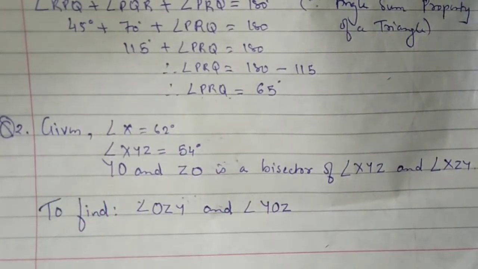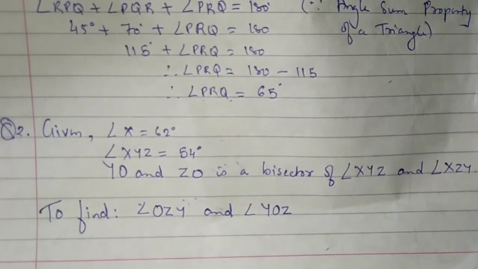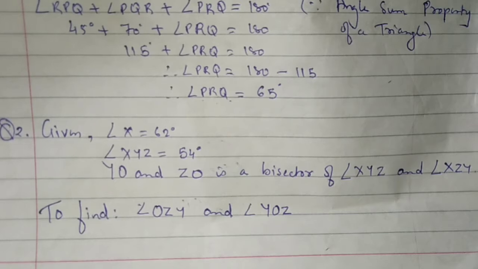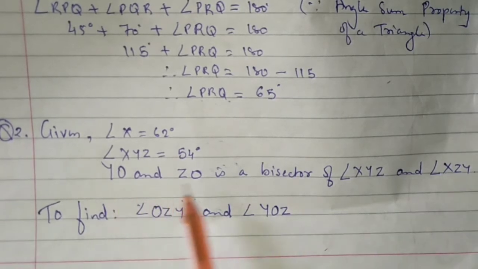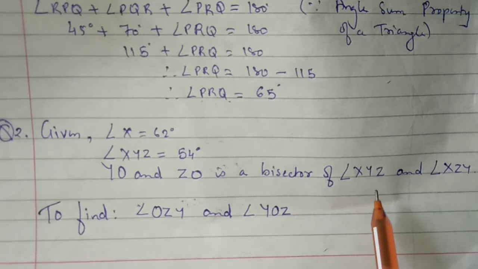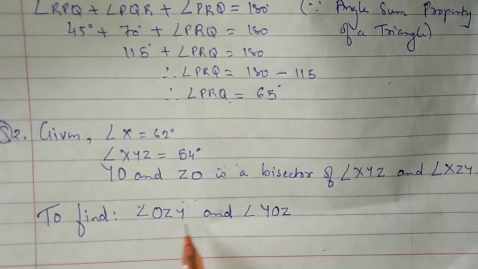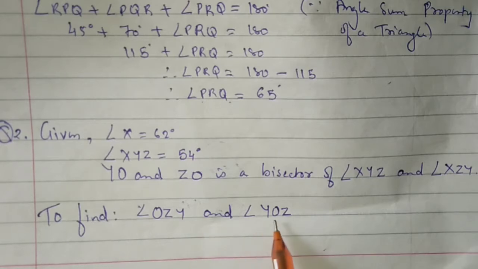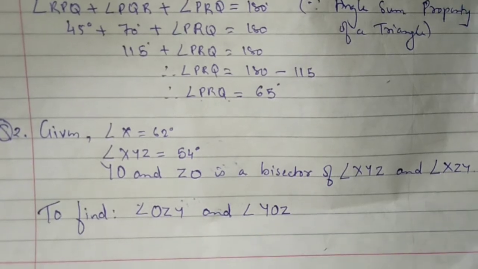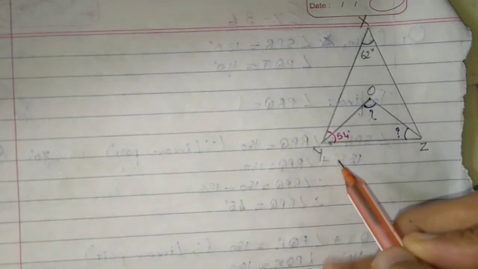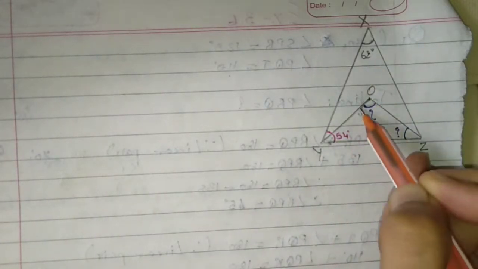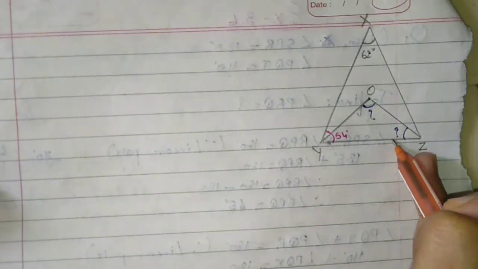Whatever is given, I have written here: angle X equals 62, angle XYZ equals 54, YO and ZO are the bisectors of angle XYZ and angle XZY. To find angle OZY and angle YOZ. Here is the diagram: 54, 62, and these two angles we have to find out.